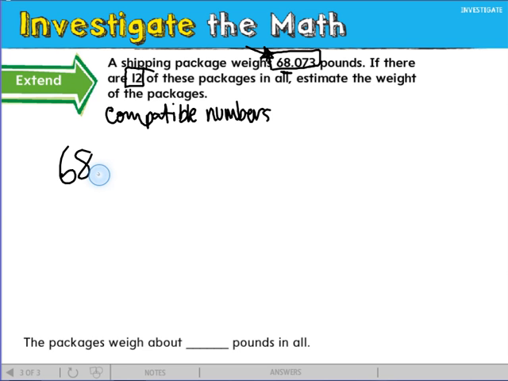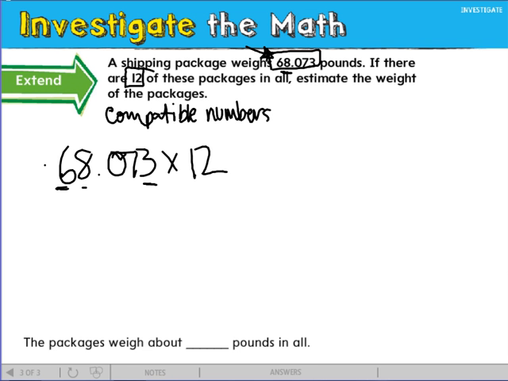Because we have 68 and 73 thousandths times 12, right? Am I going to round it to the ones place, the tens place, the thousands place? Where would you round it to?